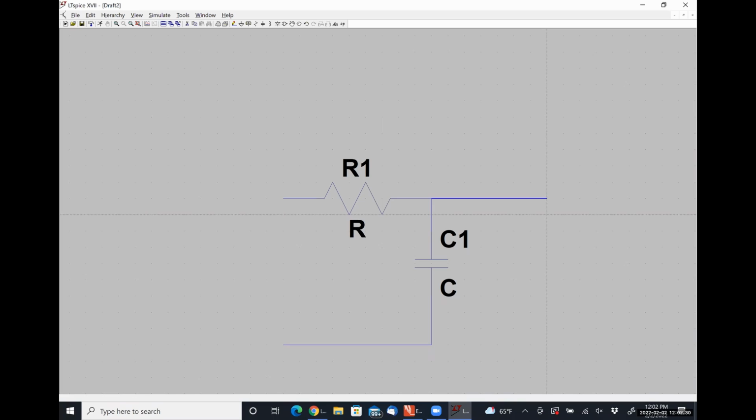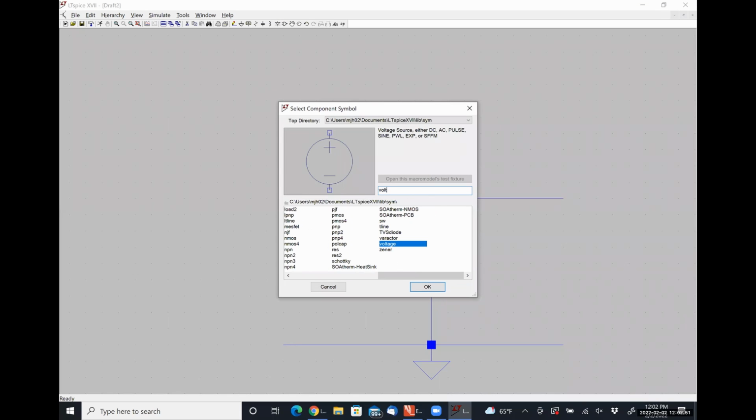I don't really have to do this part here, but I'm going to just for the sake of argument. I'm going to put ground down here, and then I'm going to throw a voltage source over here on the left.